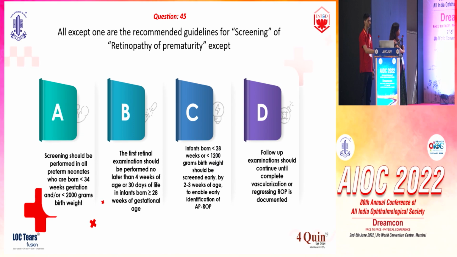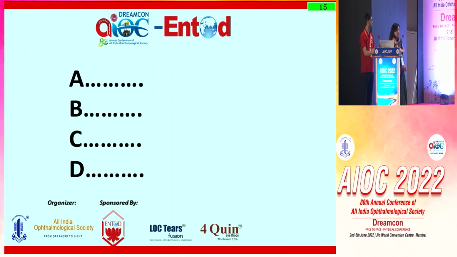Infants born less than 28 weeks or less than 1,200 grams birth weight should be screened early by 2 to 3 weeks of age to enable early identification of ROP. A follow-up examination should continue until complete vascularization or regressing ROP is documented. You currently have the timer. So the timer starts ticking from 10.